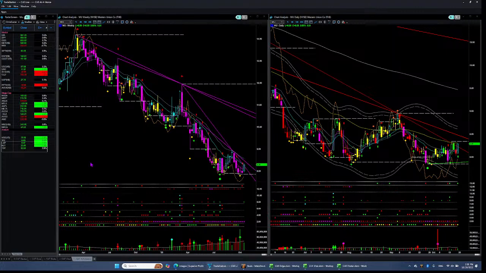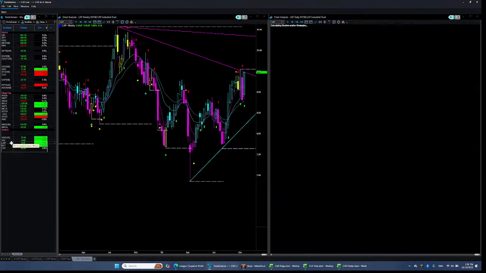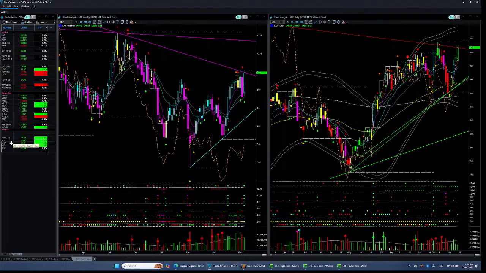Let's look at the other stocks. LXP. Here also, like in case of KGS, it is about to break trend line resistance. Incidentally, this is the stock that is at price extreme high.